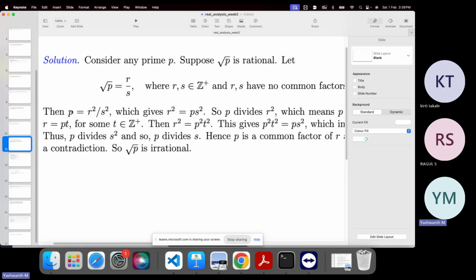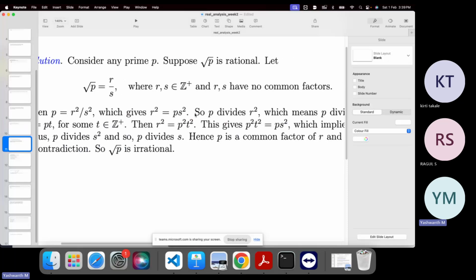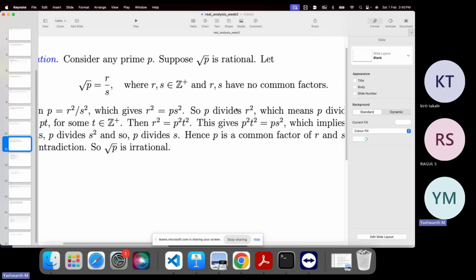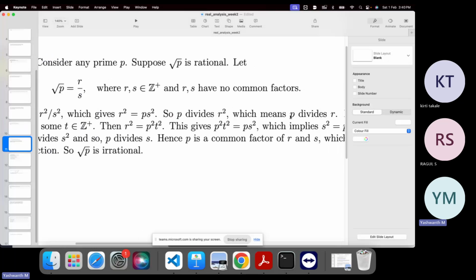Okay, and now this is same as this, right? Then just rearranging things, we get r square is p times s square. So what does this mean? This means that p divides r square, because you are able to factorize r square as p times s square. So p is dividing r square, which means p divides r.